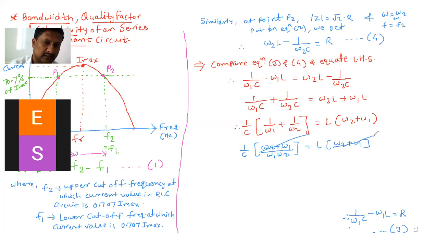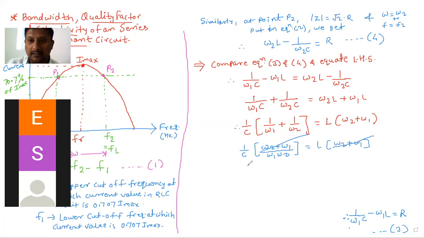Omega 2 plus omega 1 in the numerator on the left hand side is cancelled with the right hand side. So what is remaining here? 1 upon C, and L I will take to the left hand side, and this divided goes to the right hand side, becomes omega 1 into omega 2. Omega 1 into omega 2 is equal to 1 upon LC.